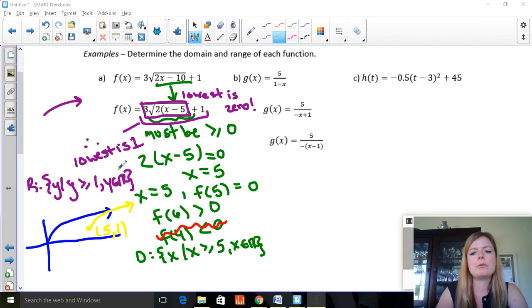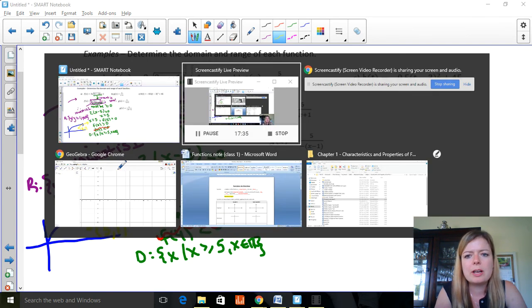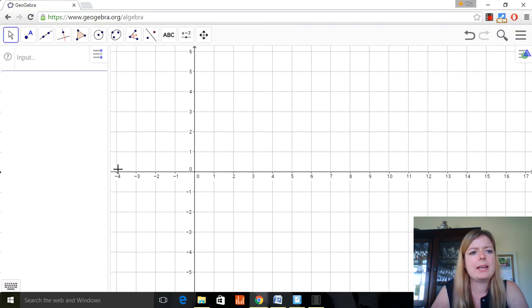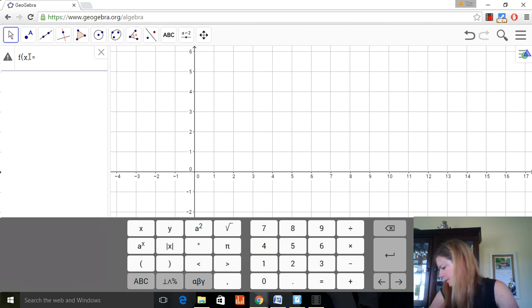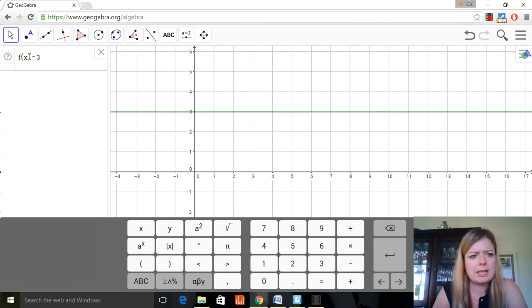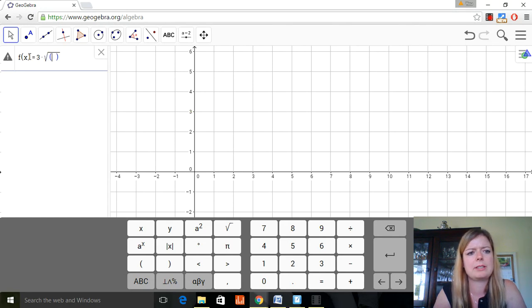Alternatively, you can go to GeoGebra, okay, and you can type in the function f of x, just as it was given to you initially, 3, and then you have to write times square root, SQRT is what you need to write, 2x minus 10.